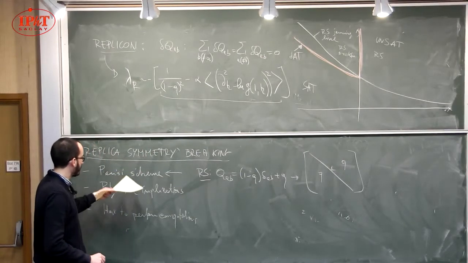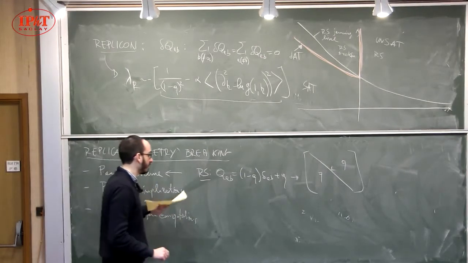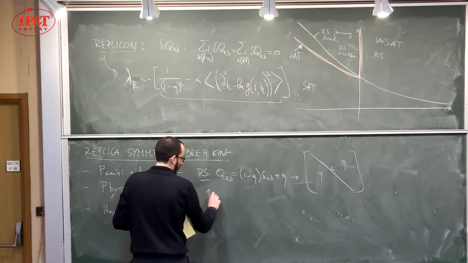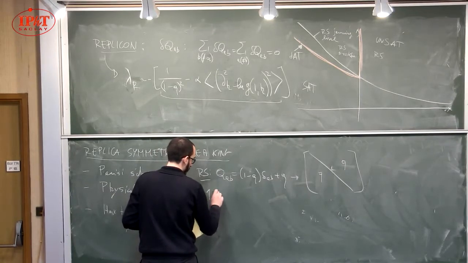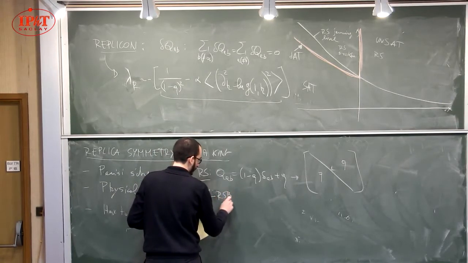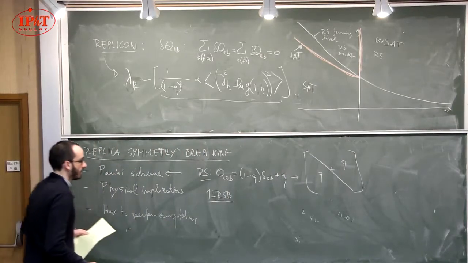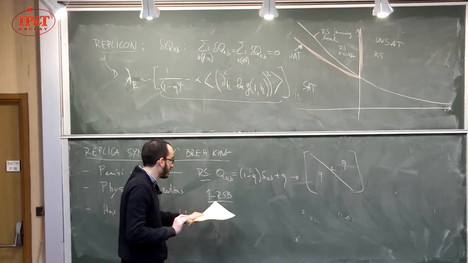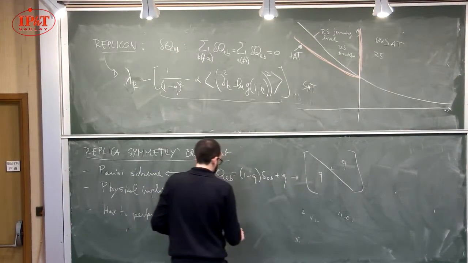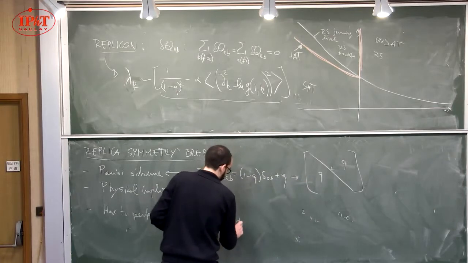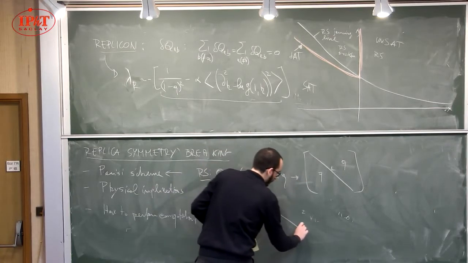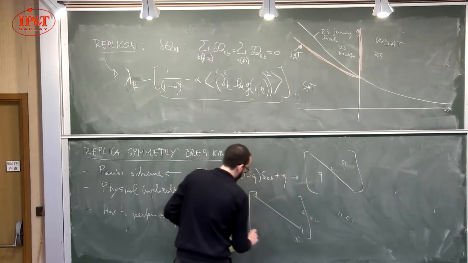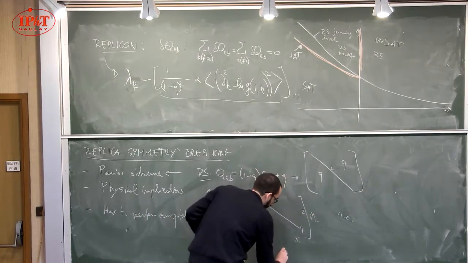So replica symmetry breaking is constructed in an iterative way. So let me do first the one-step replica symmetry breaking. According to this ansatz, which for the moment is just an ansatz on the form of the matrix, you take this matrix, so you have 1 on the diagonal. This is an n times n matrix, with small n.